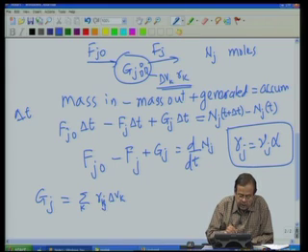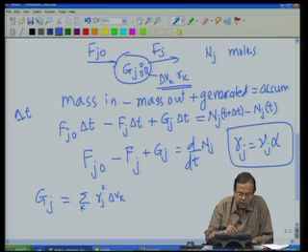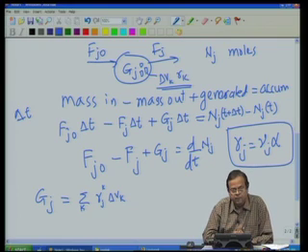Let me write this once again, Rj is the rate in that particular volume element times delta Vk. So, we can write this as Rjk, that is the rate of generation of species J in the element K, times the volume of that element, and summed over all this K.